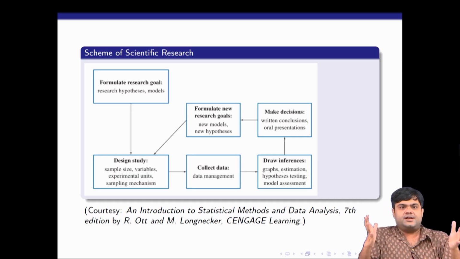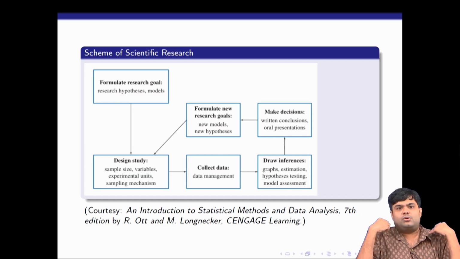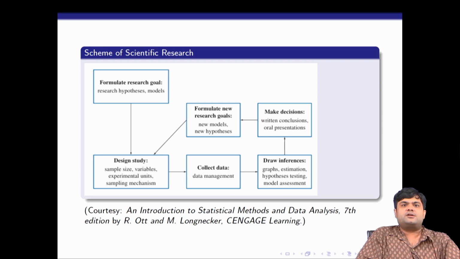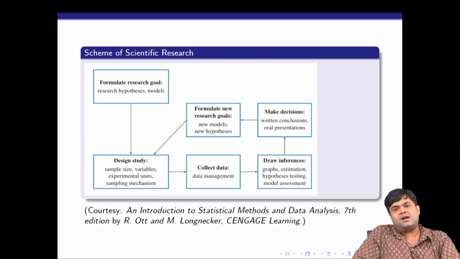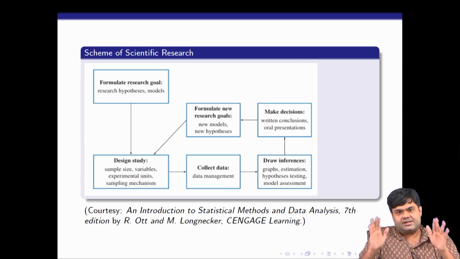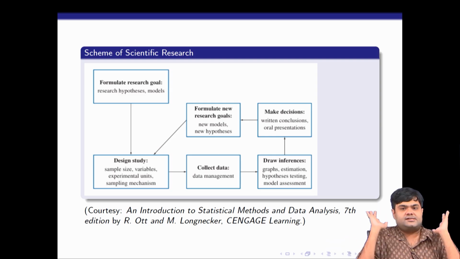For the study you formulate the sample size you need, the variables that you want to study, the experimental units needed, and the sampling mechanism. Then you collect data, then you draw inference from data, you make a decision based on that, and then formulate new research goals, and then you again come to the design of the study.